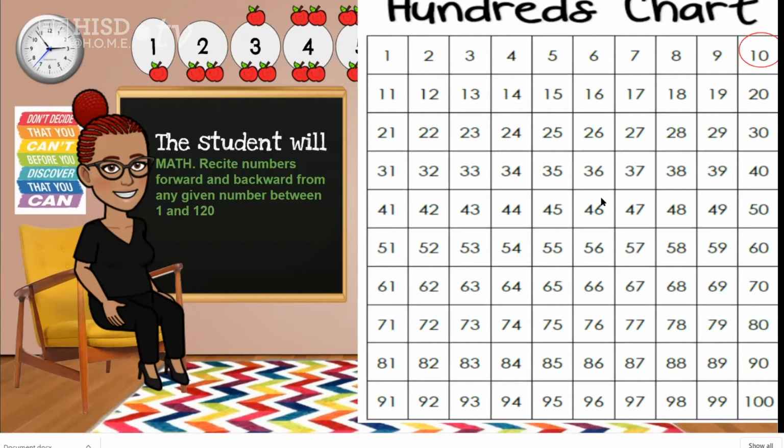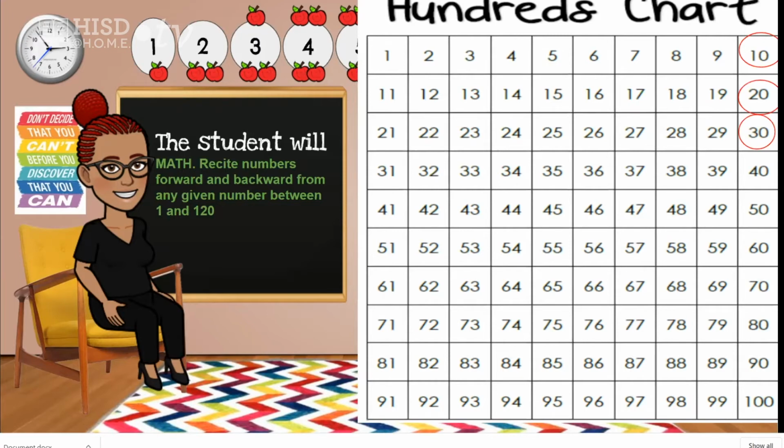Here is the number 10. If I add 10 more, the next number is going to be what? That's right, 20. And what about 10 more? 30.